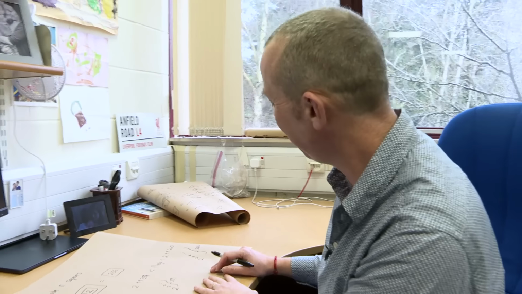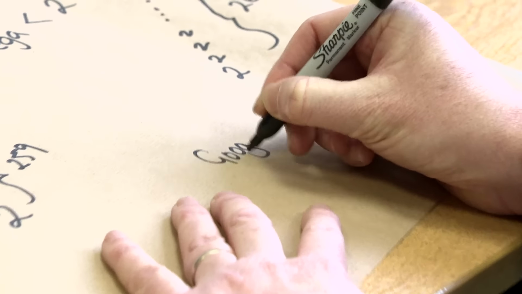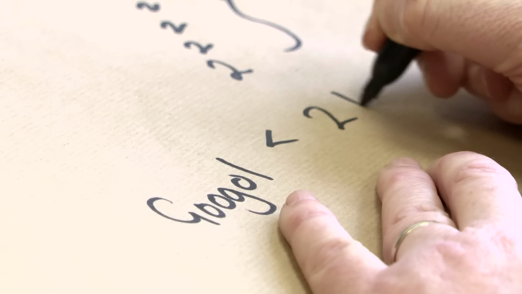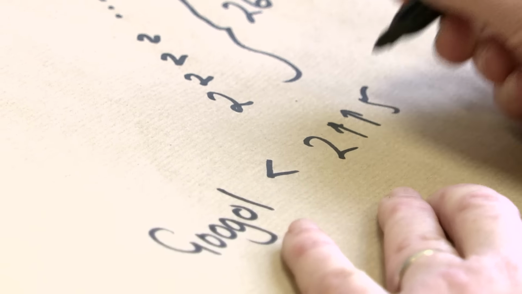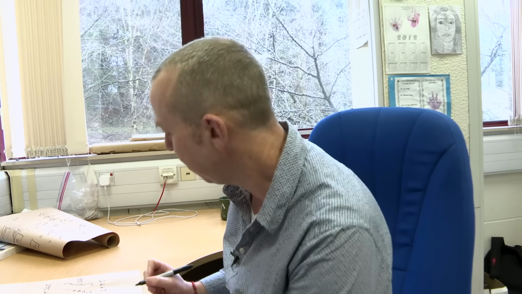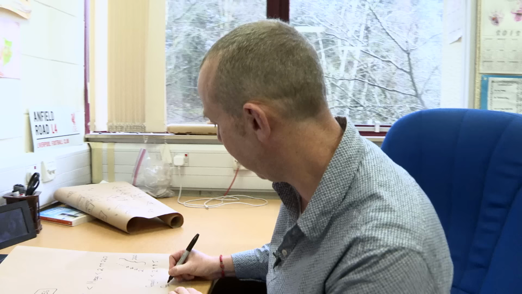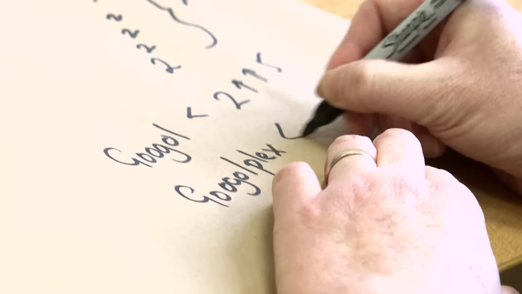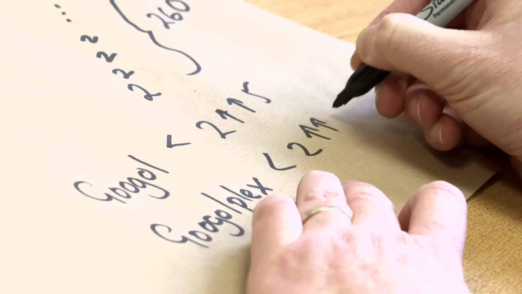A googol is a 1 followed by 100 zeros. If you write it in these kinds of bounds, it would be less than 2 arrow 5, so less than 2 to the 2 to the 2 to the 2, where the tower is 5 levels high. A googolplex, you might think would be loads bigger, but actually it's less than 2 arrow 6.